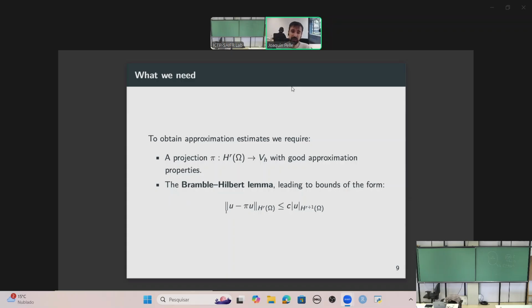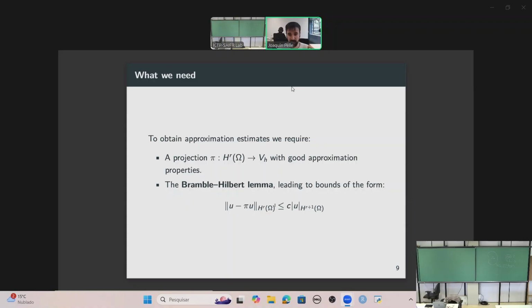this one here. Essentially, we have our function u that's, for example, the solution to our problem, and we want to know what the distance is of this function with respect to the projection of the function to our finite element space, right?